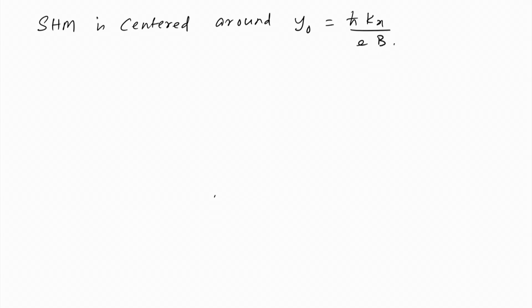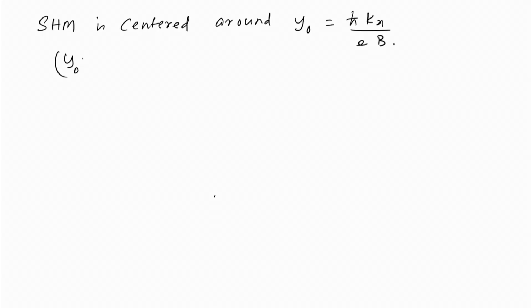So, now we can find the maximum degeneracy or the limit of degeneracy of this Landau level, understanding that your y 0 can never go out of the sample along the y direction.